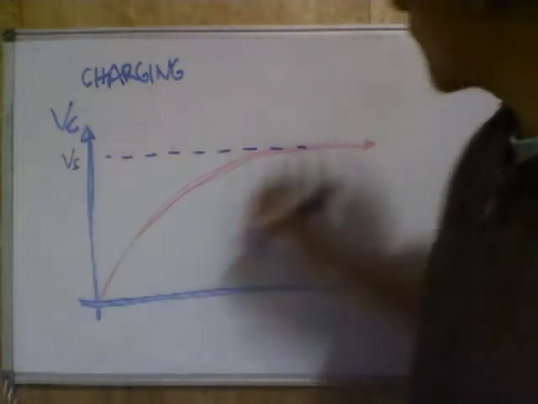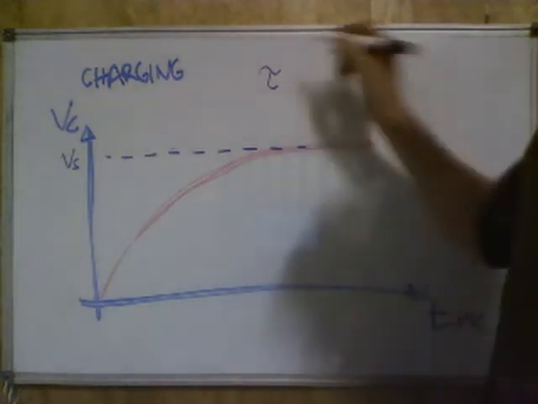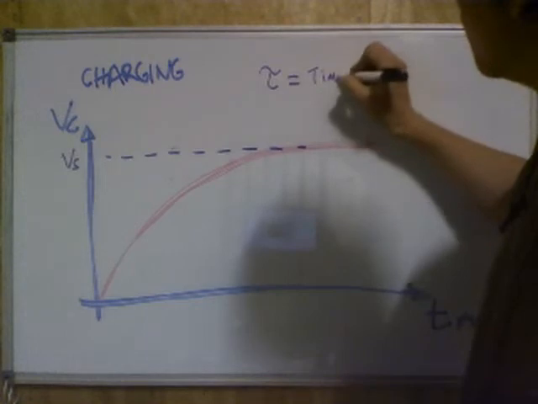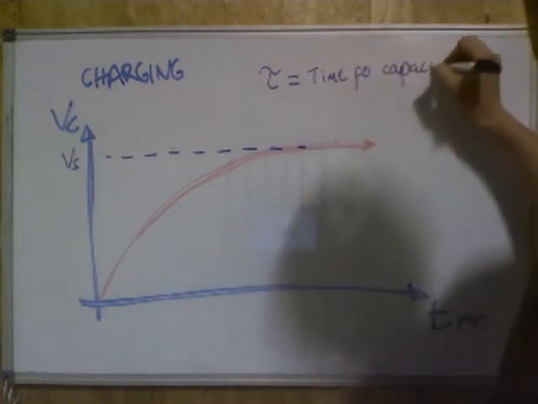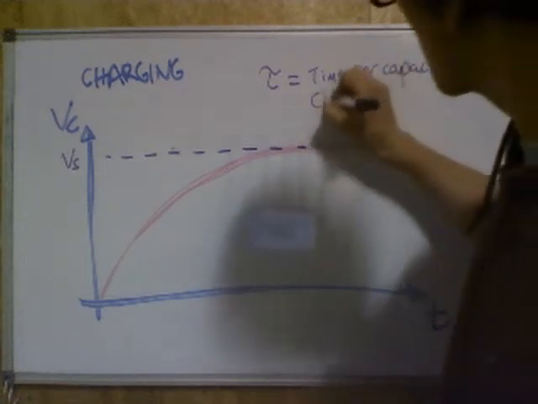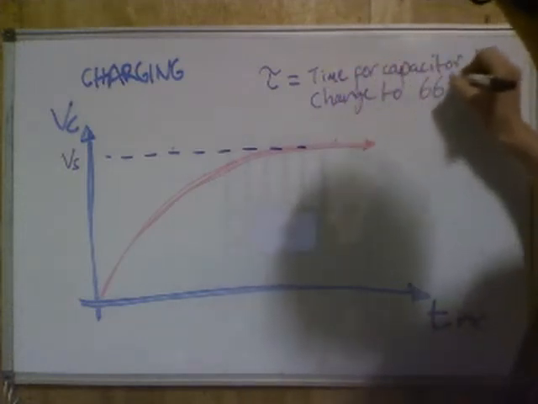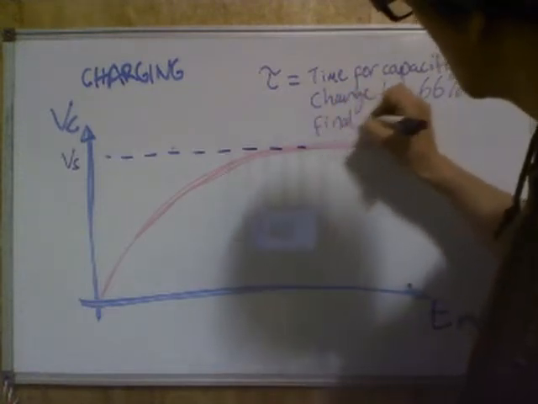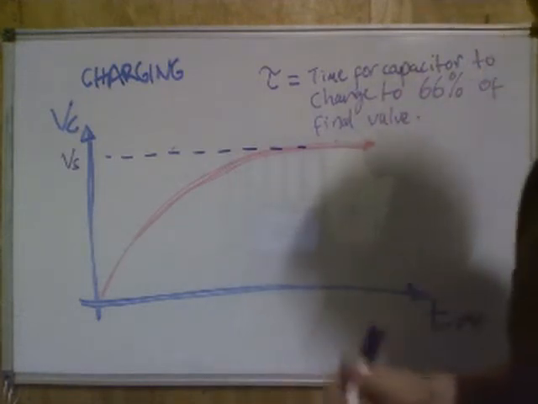Now the time constant is defined as tau, which is a Greek symbol, little curvy t, and that equals time for capacitor to charge to 66% of final value. That's what the time constant means.